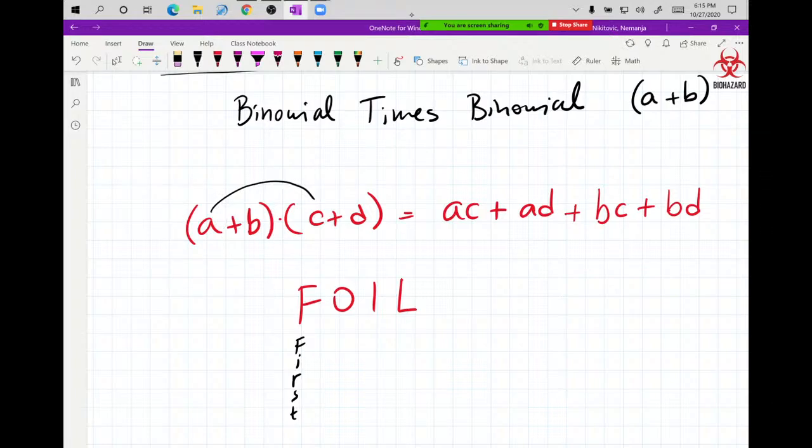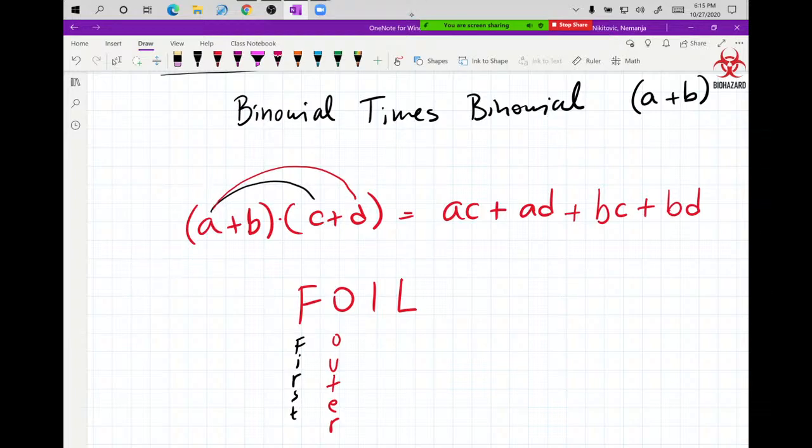So that's going to be the black. Then we're going to jump into red. a times d. That's outer. You see how a and d visually are both on the outside of this expression? So outer, meaning the first and the last.